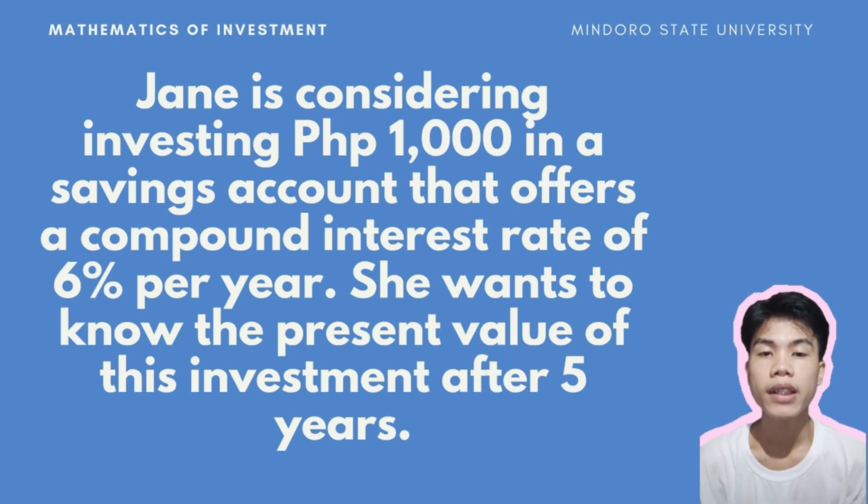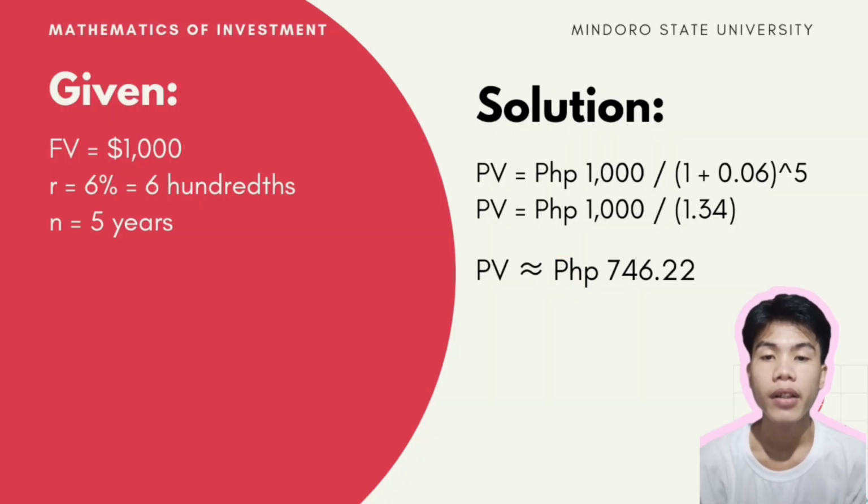Here's the word problem example for present value. Jane is considering investing 1,000 pesos in a savings account that offers a compound interest rate of 6% per year. She wants to know the present value of this investment after 5 years. So the given are future value is equal to 1,000, the rate is 6% or 6 hundredths, and N is 5 years.